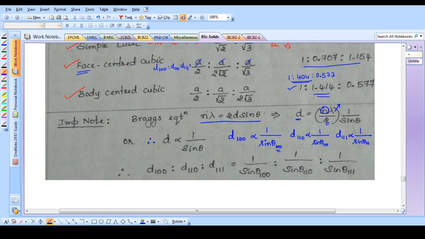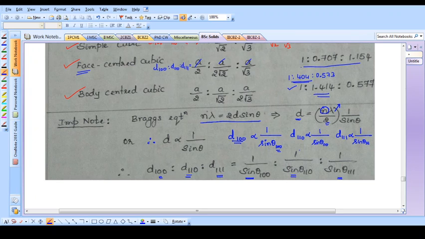So if we take the ratio, we get d100 is to d110 is to d111 is the same as 1 by sine theta 100 is to 1 by sine theta 110 is to 1 by sine theta 111. Instead of d100, since it is proportional to 1 by sine theta, I have written 1 by sine theta 100. In the same way, instead of d110 and d111, we have substituted 1 by sine theta 110 and 1 by sine theta 111, because they are directly proportional to each other.